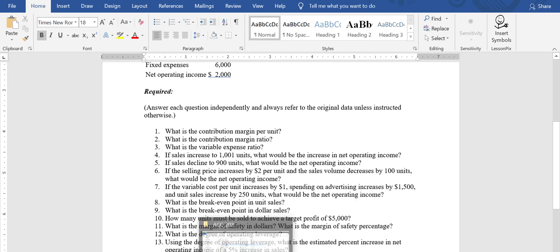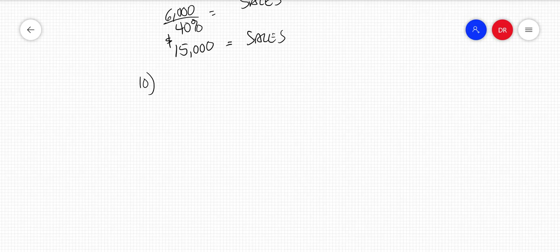Okay, with number 10, we're going to go back and take a look at that. It says how many units must be sold to achieve a target profit of 5,000. So when we look at that, we're going to use the same formula where we said profit, where the profit here now is $5,000.